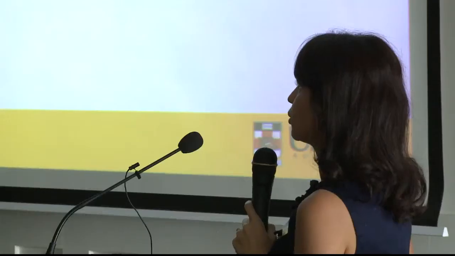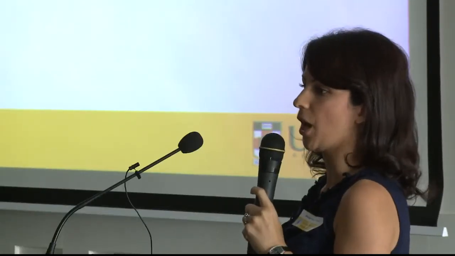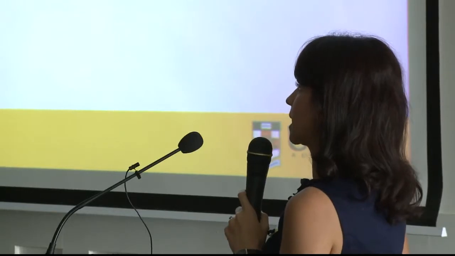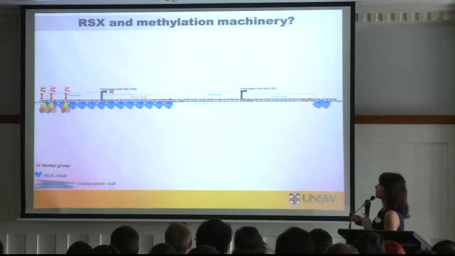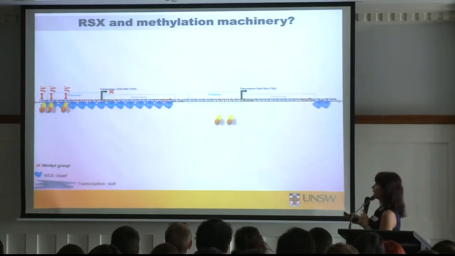So what we would like to do is a pull down of RSX to see if RSX specifically binds the methylation machinery, but those genes which are depleted of RSX can't bind the methylation machinery and therefore they are expressed.